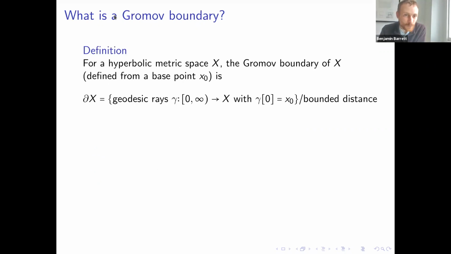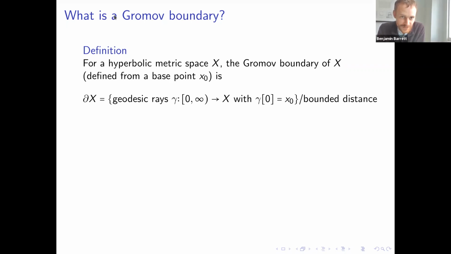So first, what is a Gromov boundary? For a hyperbolic metric space X, we first of all define the boundary of a hyperbolic space. The Gromov boundary defined from a base point x0 is the set of geodesic rays gamma that map into X, with gamma of 0 being the base point x0.